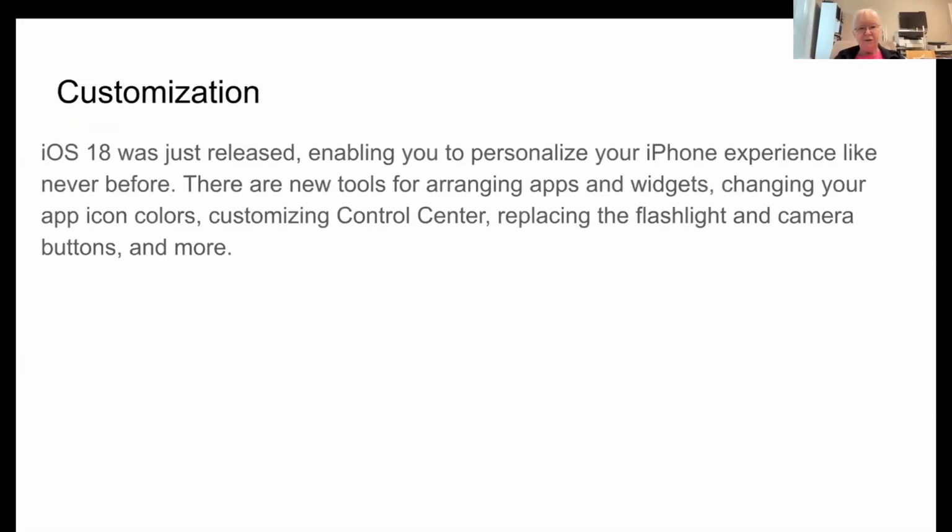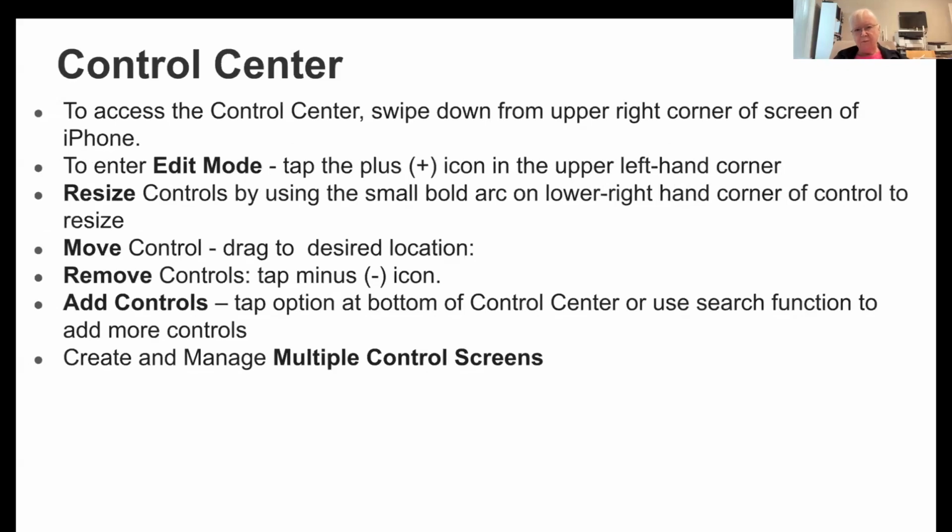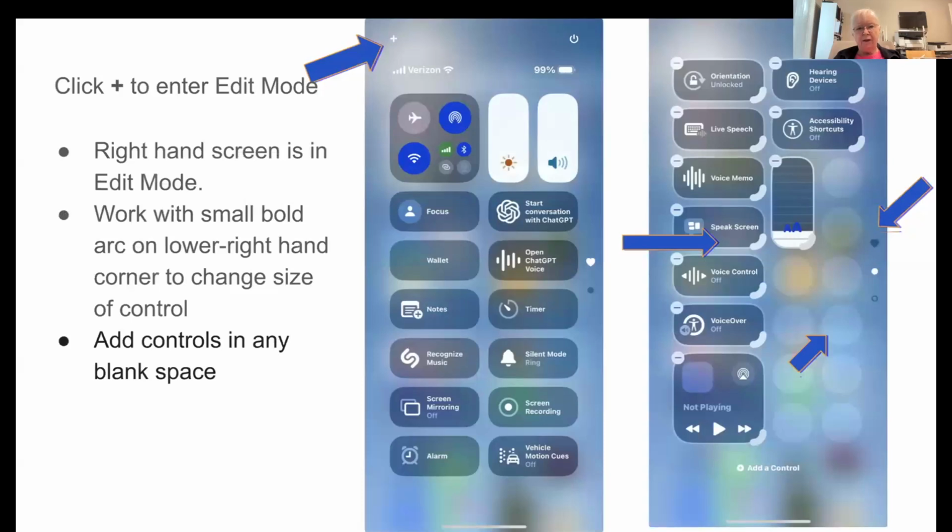So, customization. The tools for arranging things are really neat. When you swipe from the upper right corner to get to the control center, I'll come back to this, but let me show you what my control center now looks like. It used to be all little small icons, and I didn't have the text in there.